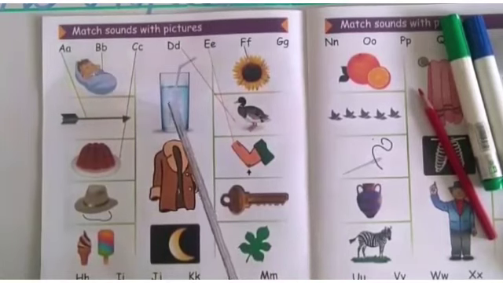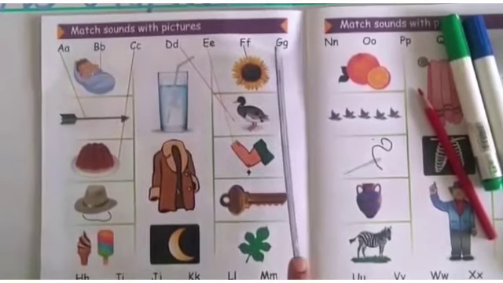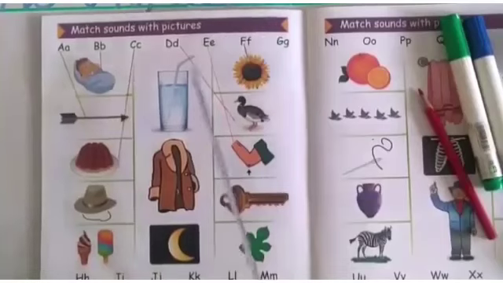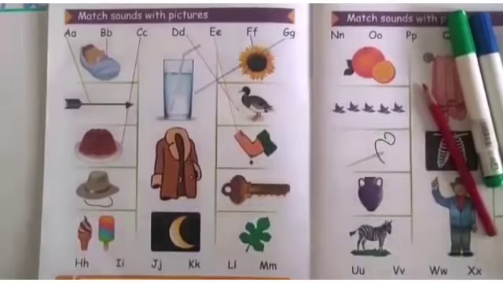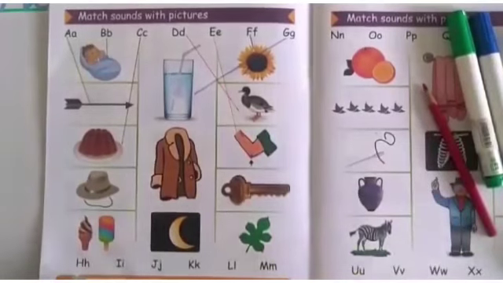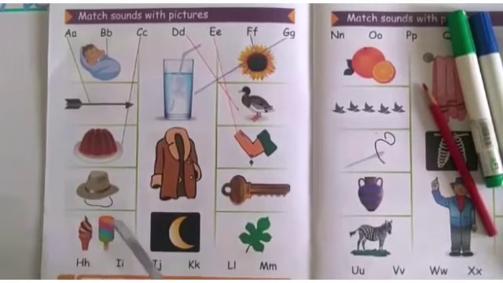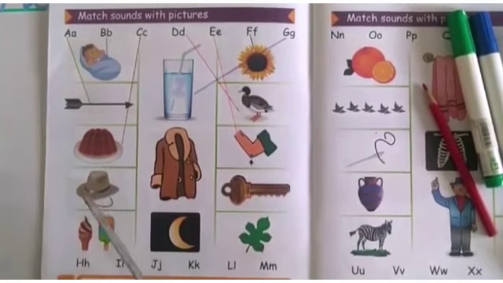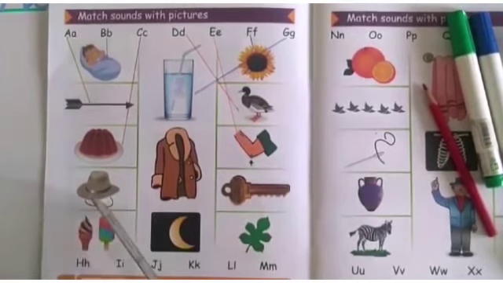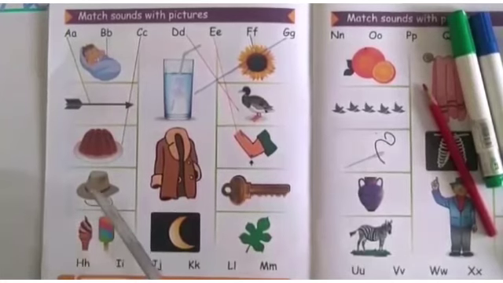Yes, this object matched with this sound, glass. Now let's move to the next sound. So let's see which object starts with this sound. Yes, it's hat. Hat.